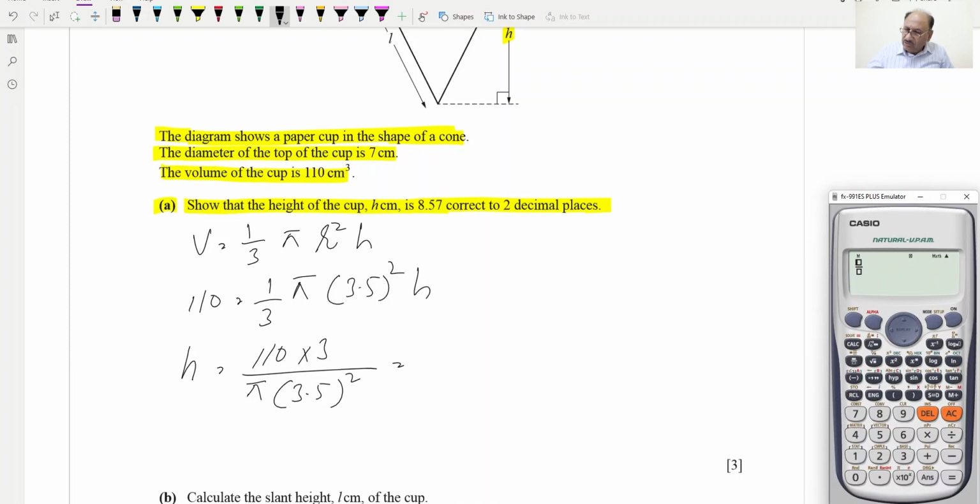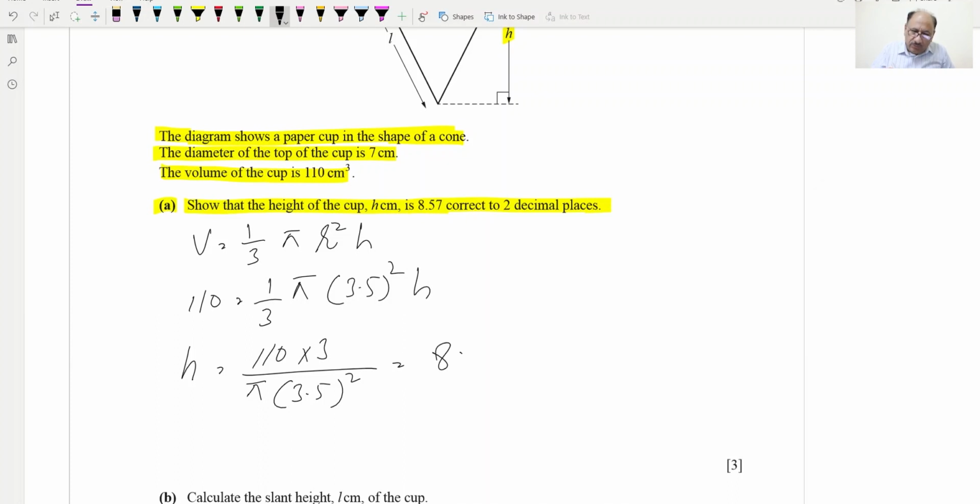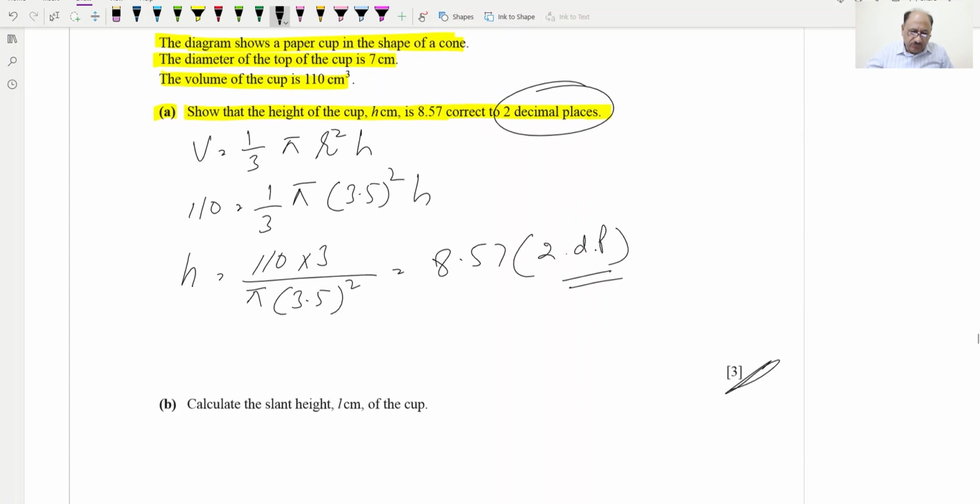This will be fraction 110 multiplied by 3 and divided by pi times 3.5 squared, and this is equal to 8.57 up to 2 dp. So 8.57 up to 2 dp they are saying. This is what we were supposed to prove, which is 3-mark question, which we are done.